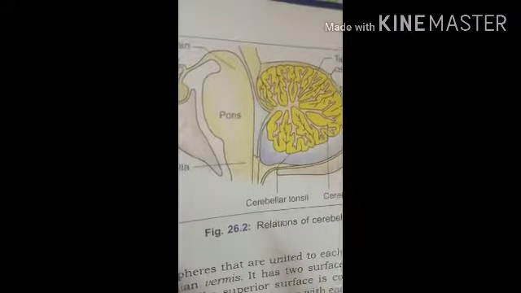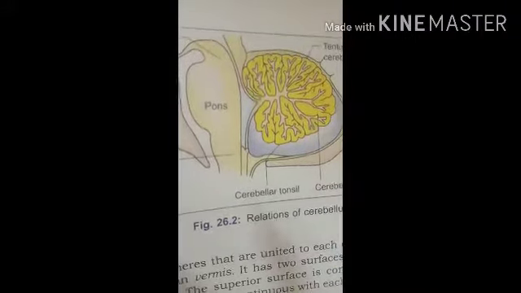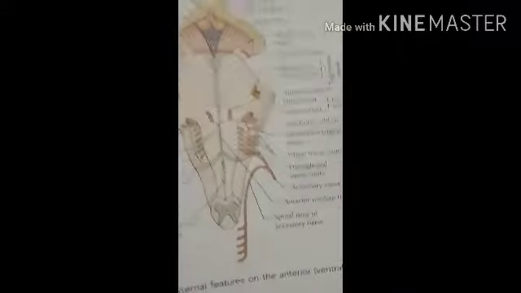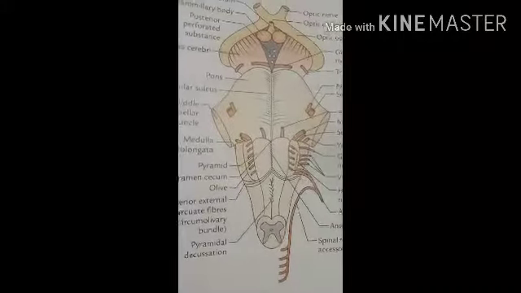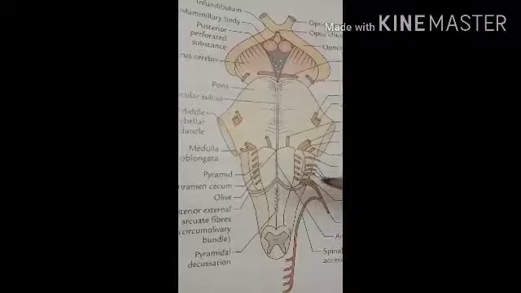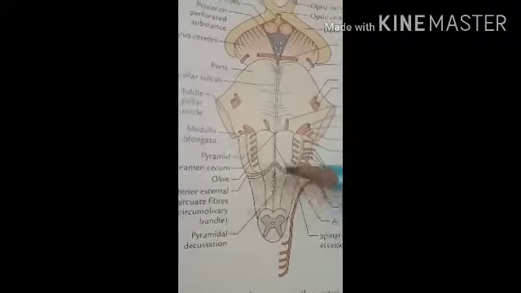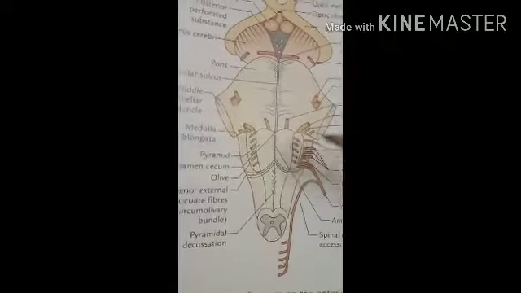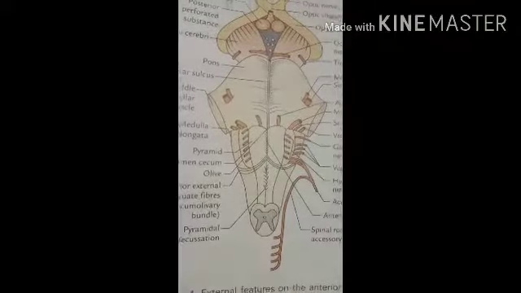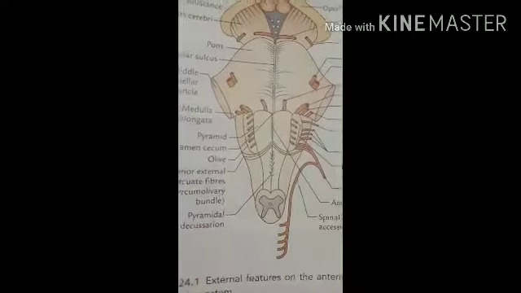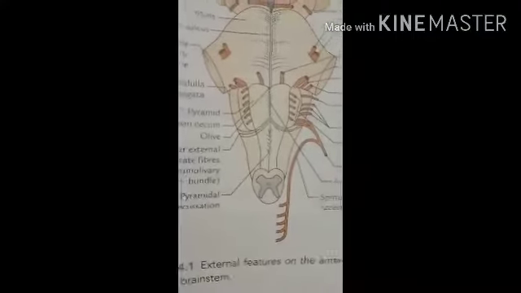After that we have to see the external features of the medulla oblongata. For this we again have to see another diagram, this one. In the external features it has two surfaces, the anterior surface and the posterior surface. After that we have to see the fissures and the sulci of the medulla oblongata.